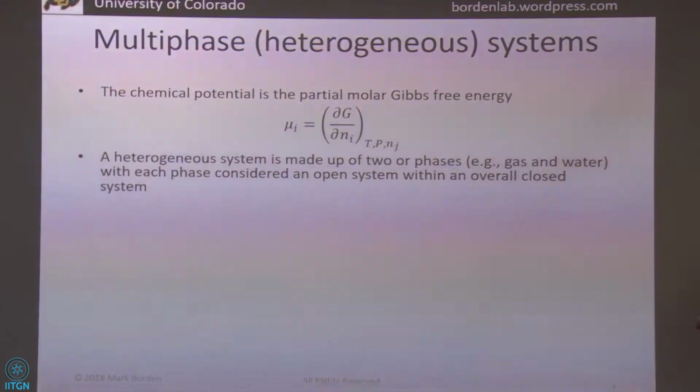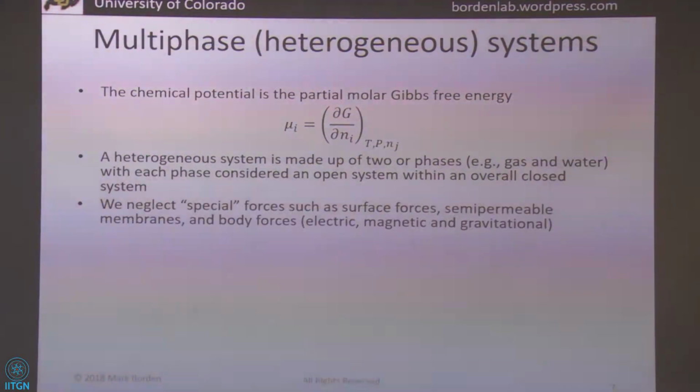Okay? So we'll simplify the analysis by saying the gas and liquid are free to exchange with each other, but they're participating in the same environment. We neglect special forces such as surface forces, semi-permeable membranes, like in reverse osmosis, and body forces such as electromagnetic forces or gravitational forces.